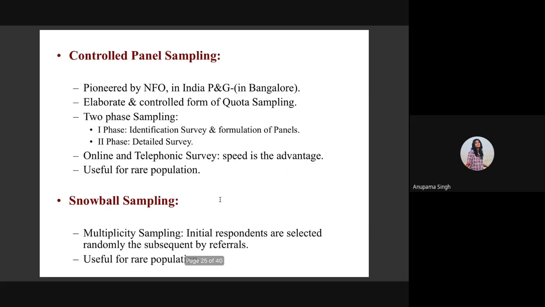So these are all kinds of sampling procedures that can be used. Now it depends on your study how you are using your sampling frame. Most of the qualitative studies can be done by non-random sampling.